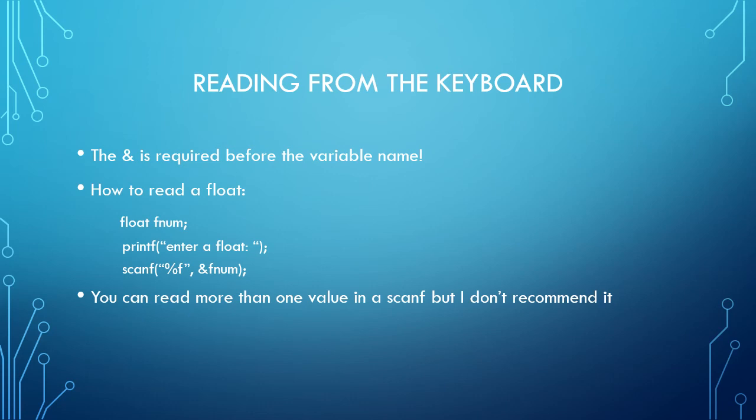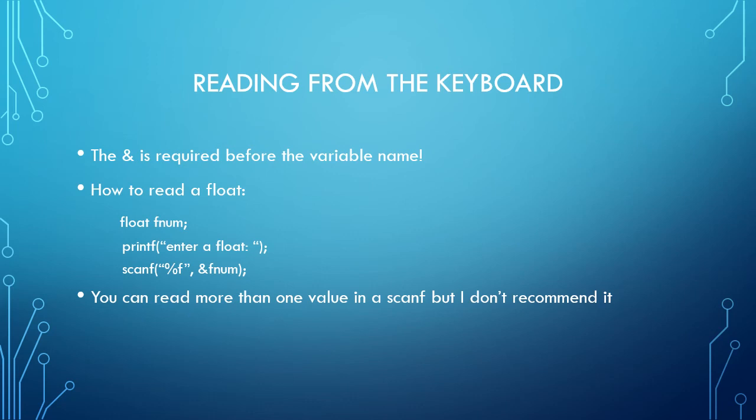Just to emphasize, the ampersand is required before the variable name in the scanf, not in the printf, just in the scanf. So here's an example of how we would read a float. It's very similar. We use %f instead of %d. %f, I want to read a float.